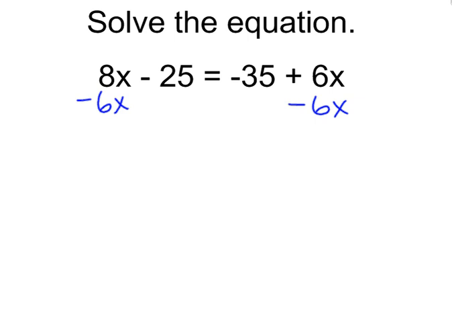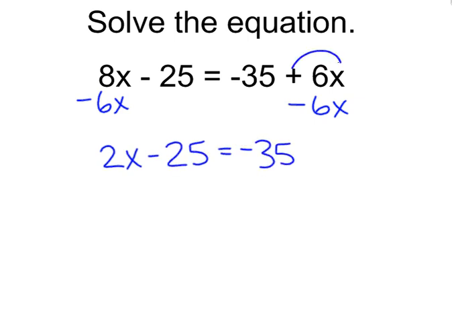So 8x minus 6x is 2x. We still have minus 25 equals negative 35, and those are 0 pairs, so they cancel. Now that I have put variables on the same side of the equation, it's a 2-step equation, and we can continue by getting rid of the constant.